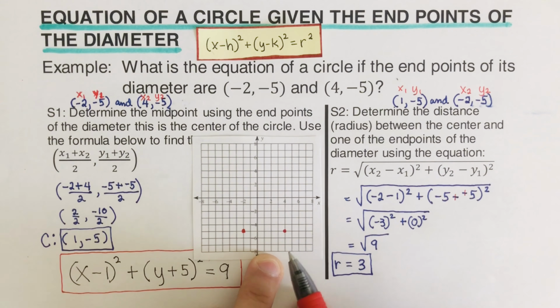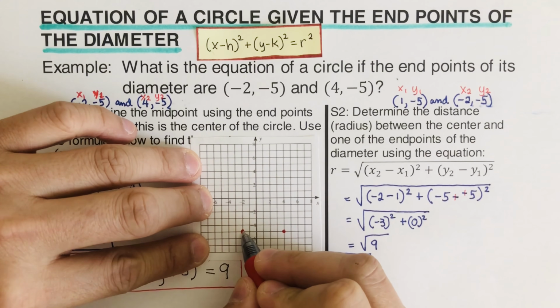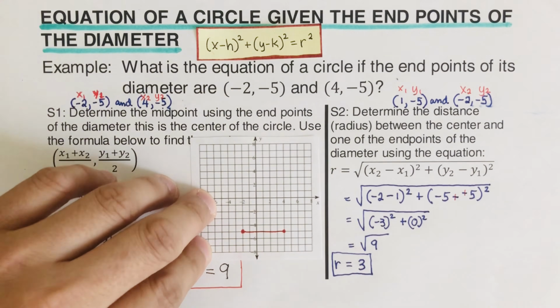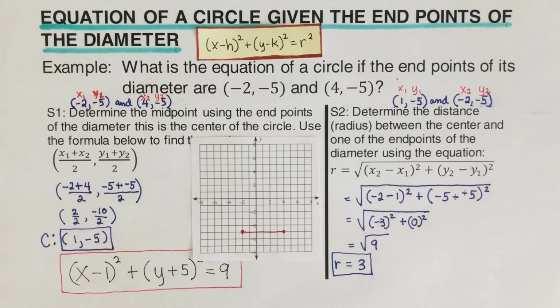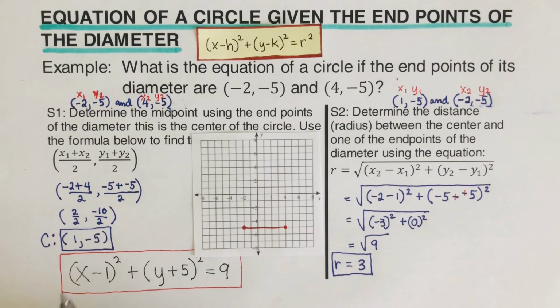And so if we are going to draw this, again, this is the diameter. Diameter means the distance from one end to the other end of the circle passing through the center. So going through this equation that we have here, the center of the circle is +1 and -5.